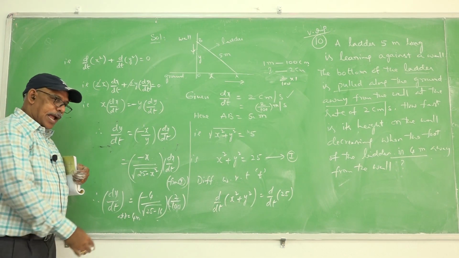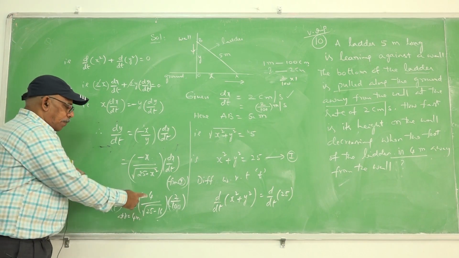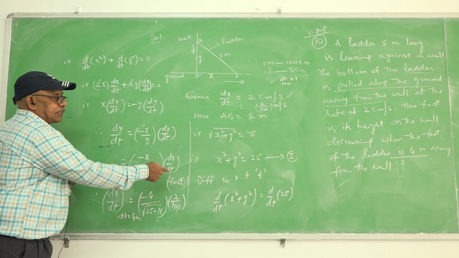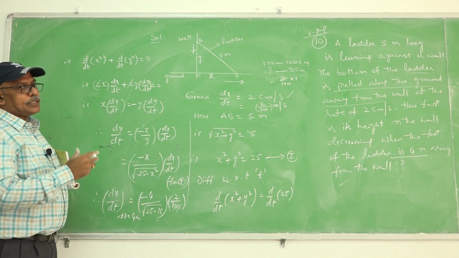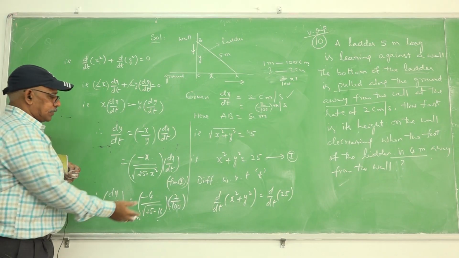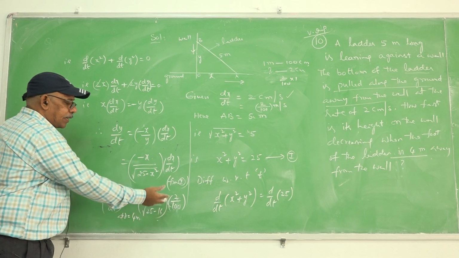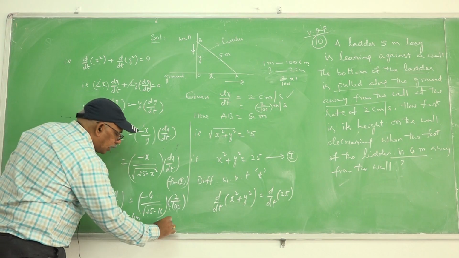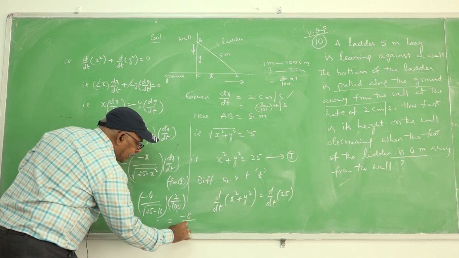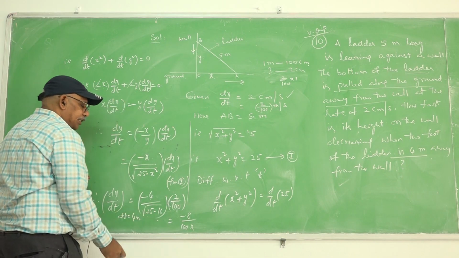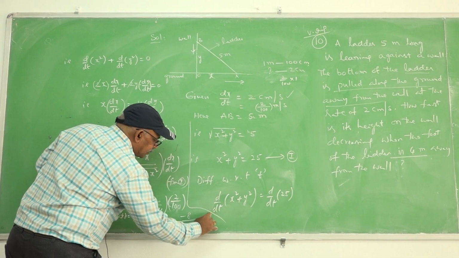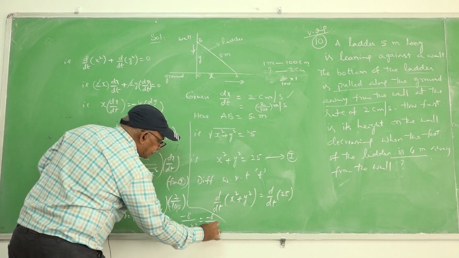So, dy by dt at x equal to 4 meters is minus 4, because x is 4 in terms of meters, whereas dx by dt, the rate of change in x, is given in centimeters. Changing that centimeters into meters and taking that dx by dt value, we get minus 8 by 100 into, root 9 means 3, which gives us minus 8 by 300.